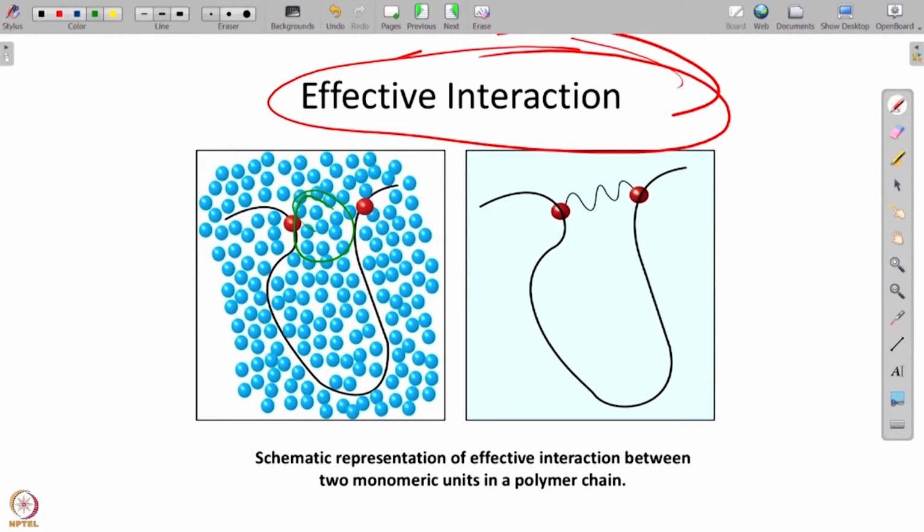And actually all the concepts of liquid state come to polymer very handy. Then I remove the water molecules, and instead I have an effective interaction between these two, which is somewhat longer distance. And there is of course this hard sphere interaction, which acts at short length, but at long distance there could be an attractive interaction.